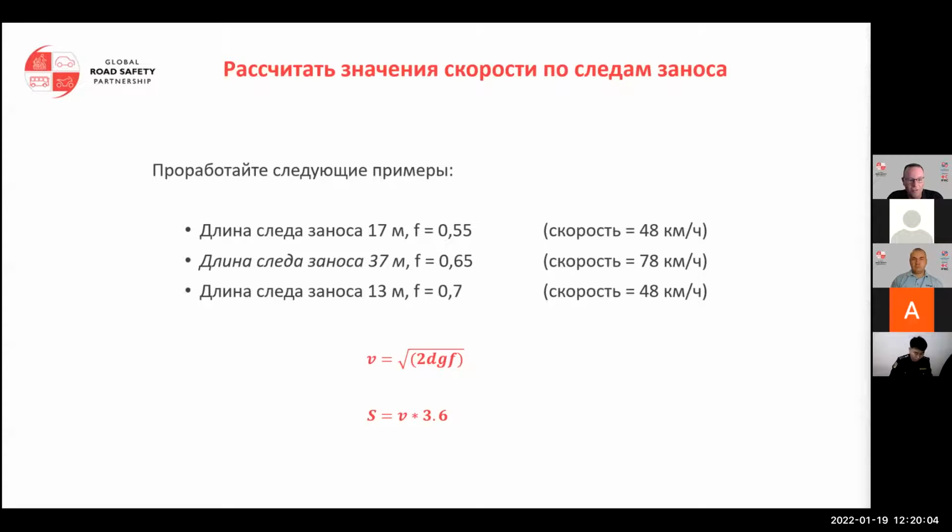Again, in a couple more slides, we've got a whole section on circumstances where you have to adjust your drag factor: for slope, for brake inefficiency or braking problems, for vehicles towing trailers, things like that. So excellent question, Azizbek. If you bear with me, we will take you through how to deal with it in a couple more slides. So it shows me you guys are thinking ahead. Excellent.